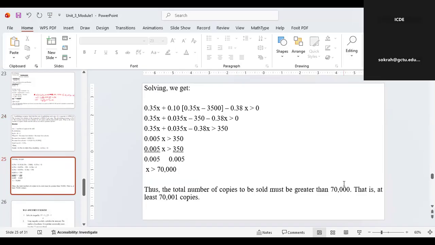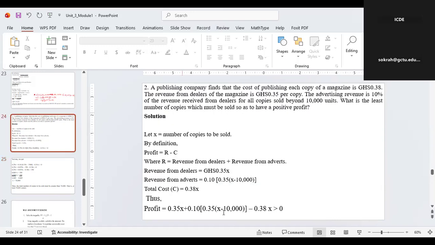From here, we can now solve for our x. Once we have the inequality, we have to expand that bracket. So 0.35 will multiply x, and that gives you 0.35x. The same 0.35 will multiply 10,000.